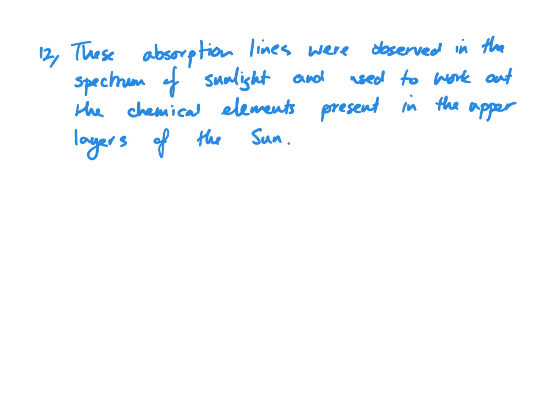The upper layers of the sun are relatively cool compared to the inner layers where the full spectrum is produced. Those cooler layers absorb some parts of that, and you can observe these lines. They're called Fraunhofer lines after the man that discovered them, and it was on his theory as well that Bohr built his model of the atom.